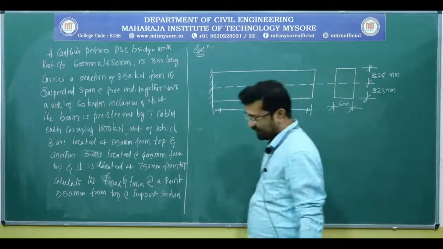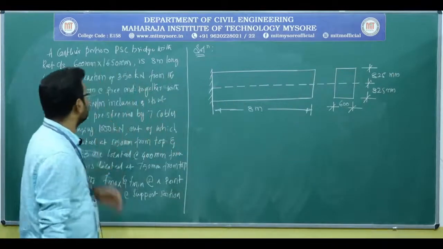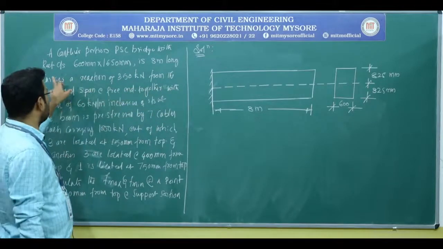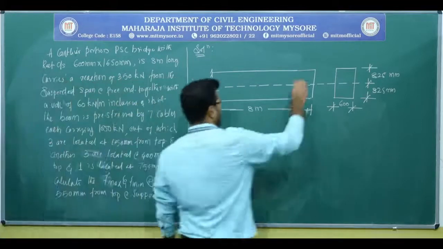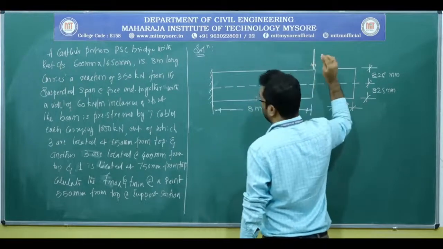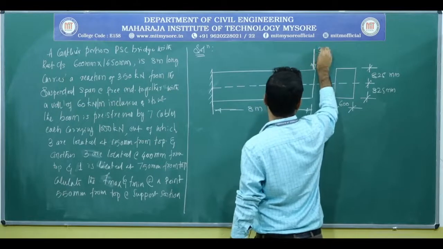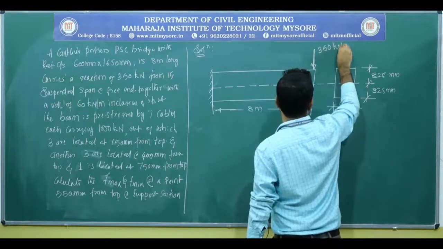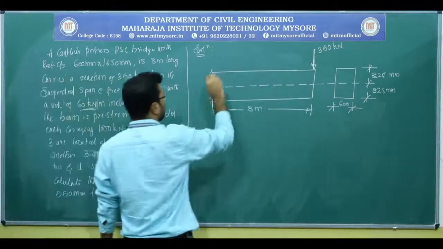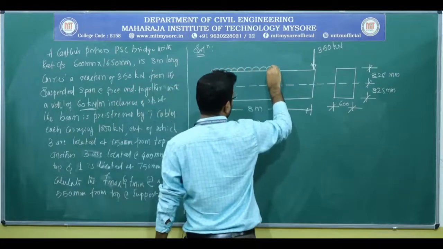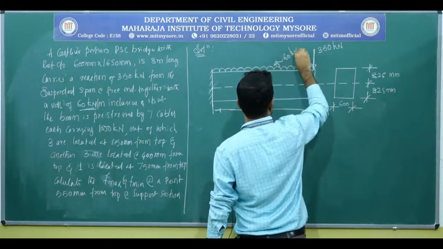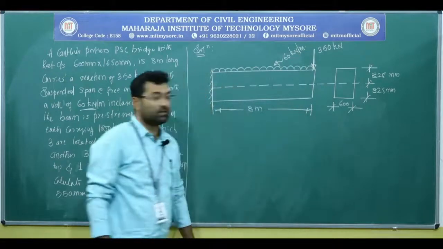Apart from this, as per the problem, at the free end there is a reaction of magnitude 350 kilonewton from the other beam, and the beam carries a UDL of magnitude 60 kilonewtons per meter.